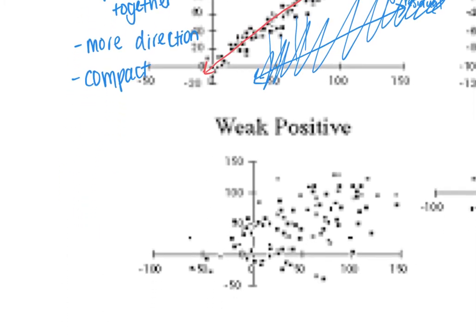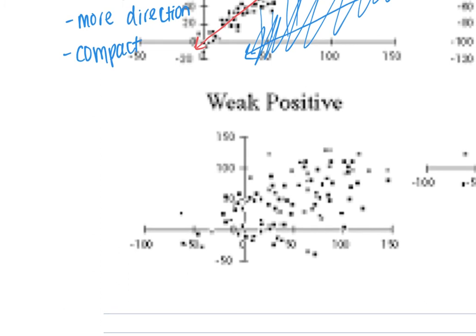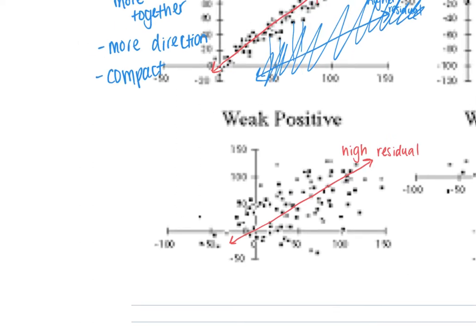Now, Victor, let's take a look at the weak positive. Do you think if we draw a line through all the points this is going to be a high or a low residual? This is going to be a high residual, okay? Do you see how the points are much further away from the line now than they were before? This leads us to a high residual. And how would we describe the points compared to the strong one?